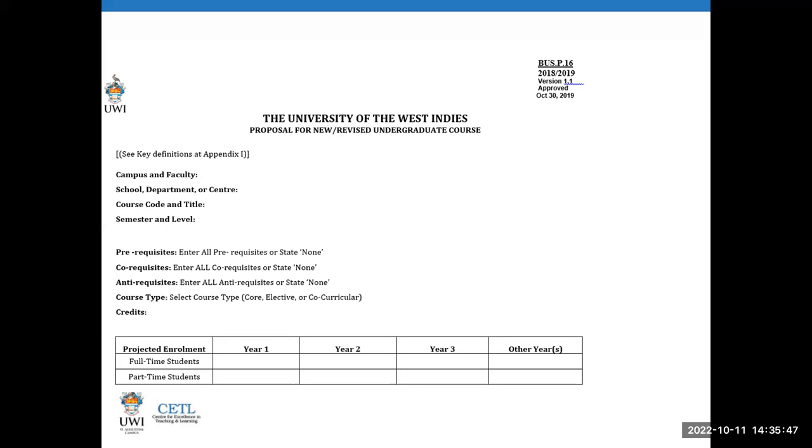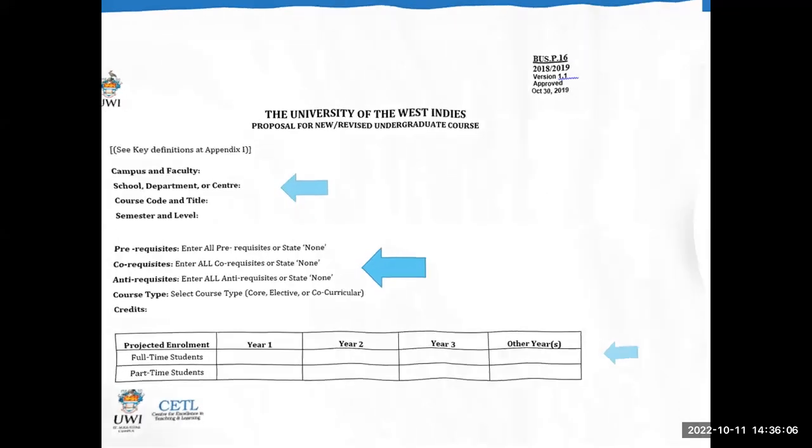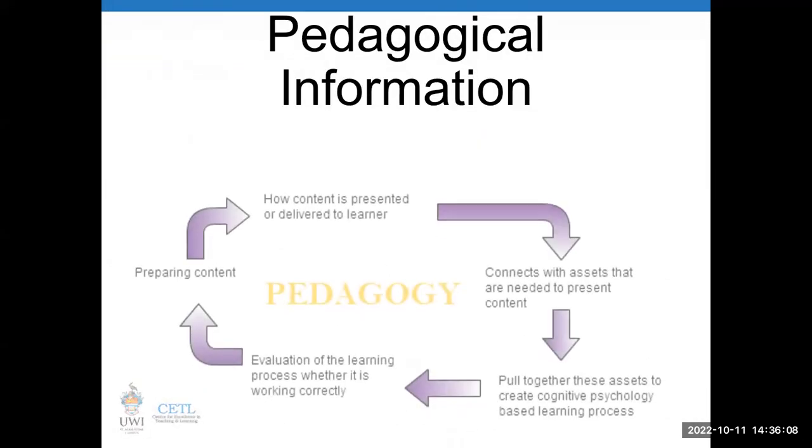Okay, so by now you should have the title of your course, as well as the prerequisites, and even an idea of the credits. We'll get to credit rating in just a bit. So the next step is really the pedagogical content or information.